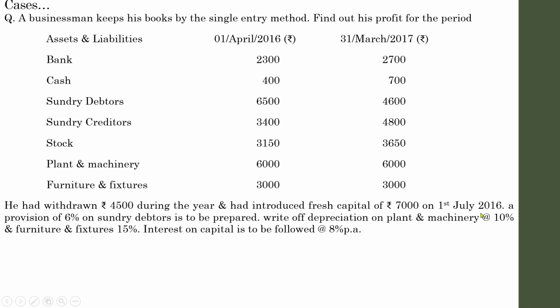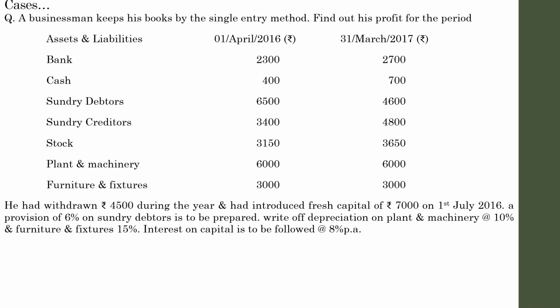That means during the year he had introduced additional capital of 7,000. A provision of 6% on debtors is to be created. Write off depreciation on plant and machinery at 10%, and furniture and fixtures at 15%. Interest on capital is to be allowed at 8%. There are a lot of adjustments with regard to that, so you have to do it very cautiously.